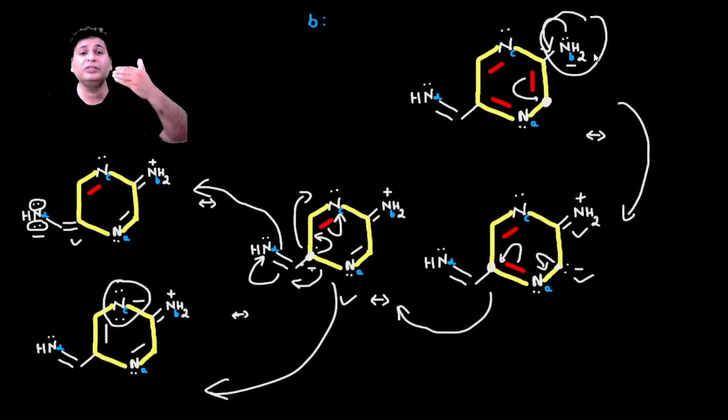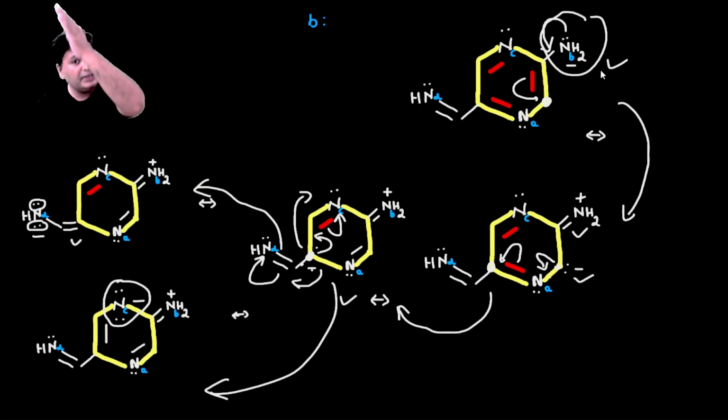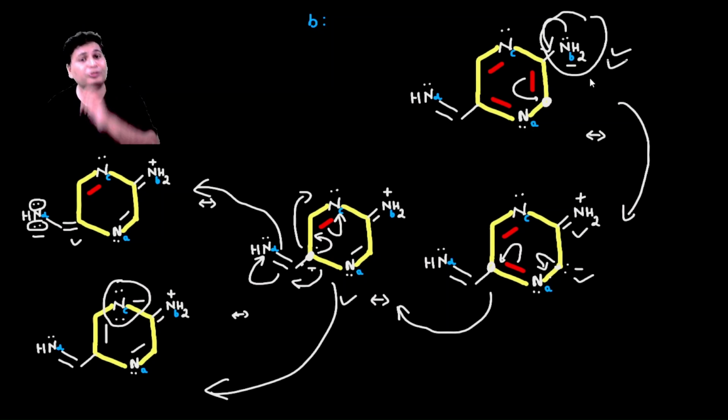And because of this delocalization, the availability of electrons on nitrogen number B decreases highly, and therefore its basicity is also very less because it delocalizes to a large extent. However, because of the delocalization of the lone pair on B, two nitrogens get benefit also. Which are those two nitrogens?